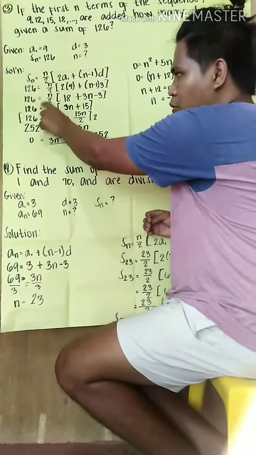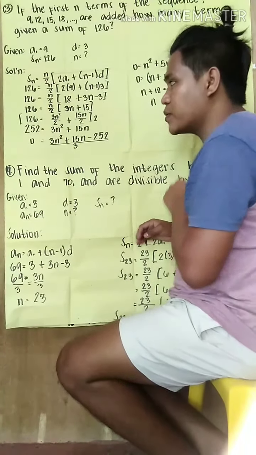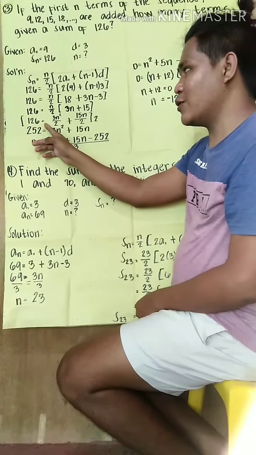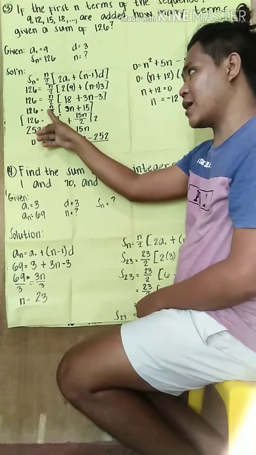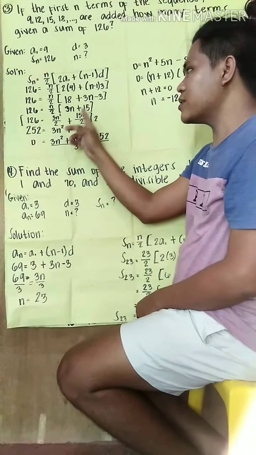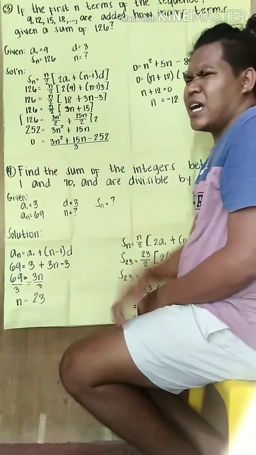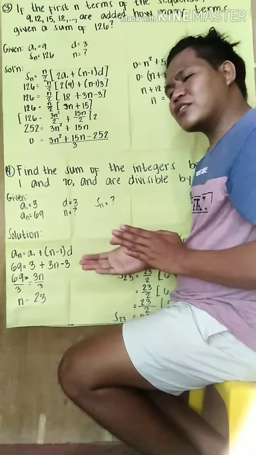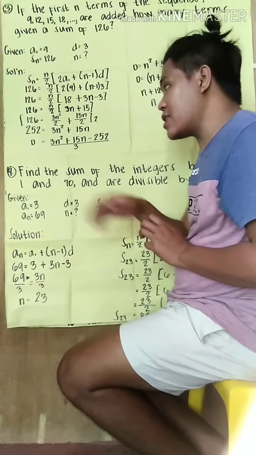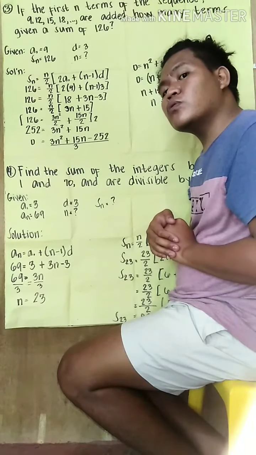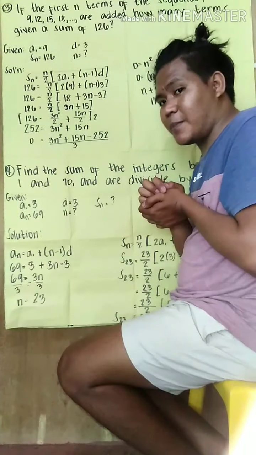And then, distribute or multiply this n over 2 to our 3n plus 15. So we have 126 is equal to 3n times n, which is 3n squared, just copy the denominator 2, plus 15 times n is 15n, copy the denominator 2. And since on our new equation we have the denominator 2, to simplify, get the LCD, or the least common denominator.